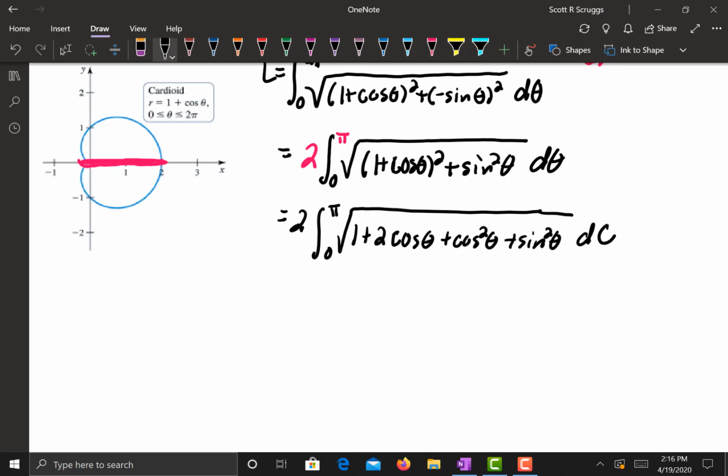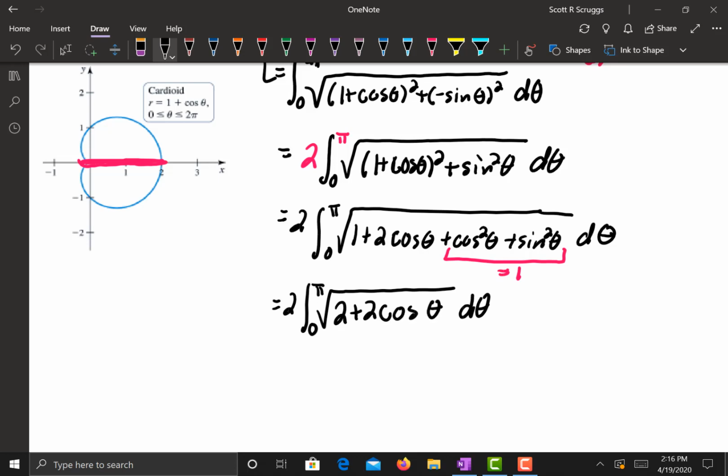Well, cosine squared theta plus sine squared of theta, that's just a fancy way to write 1. And I have another 1, so combining like terms, I get 2 times the integral from 0 to pi of the square root of 2 plus 2 cosine of theta d theta.